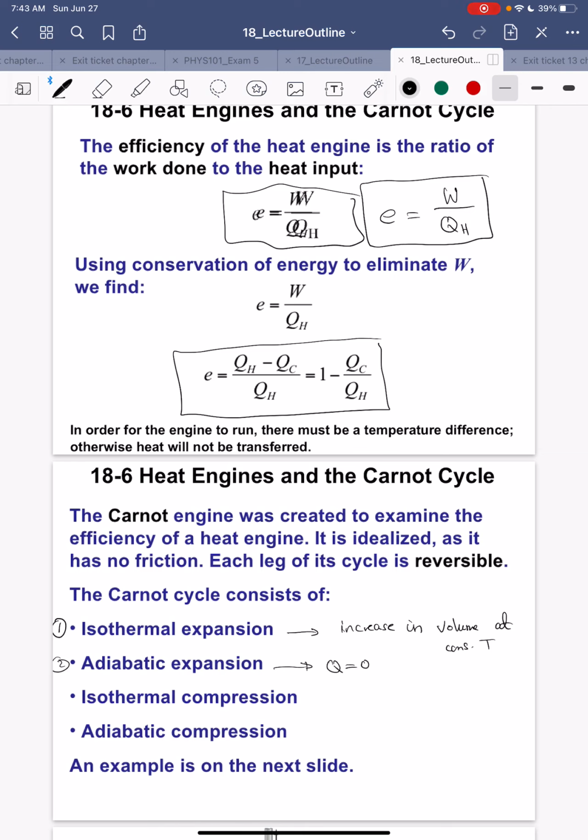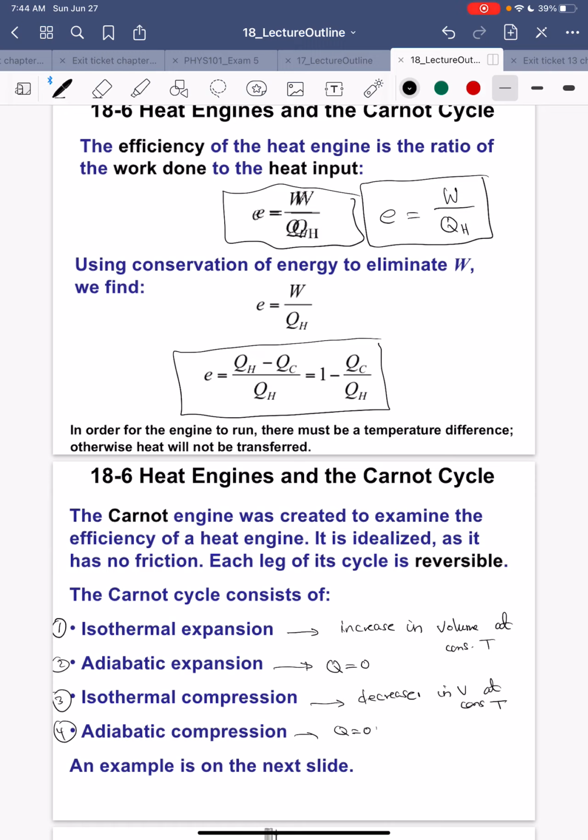And of course, it's also a volume increase. Number 3, isothermal compression, because remember, we need to go back, and that is, again, a decrease in volume but at constant temperature. And then adiabatic compression, where again we have Q equals 0.